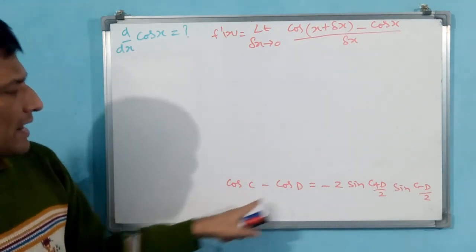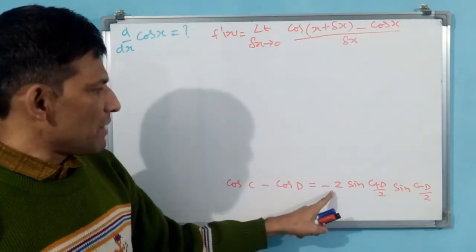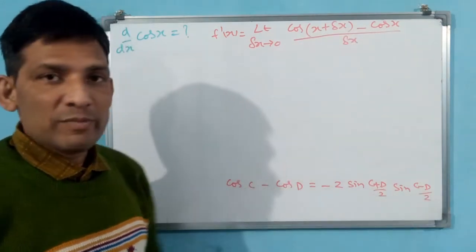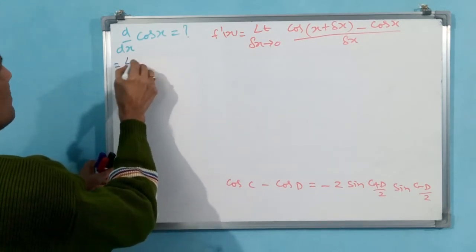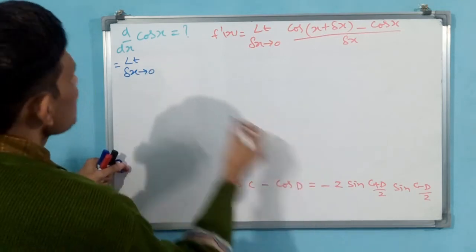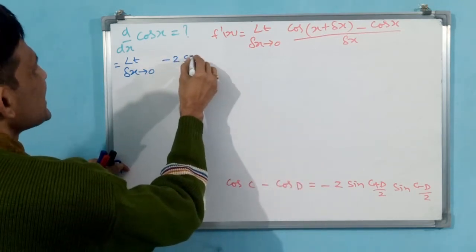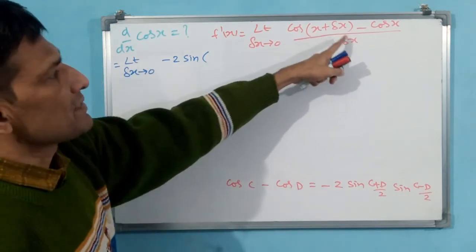Let me write according to this formula: cos C minus cos D is minus 2 sin C plus D by 2 sin C minus D by 2. That you have to replace. That is equal to limit delta x tends to 0 of minus 2 sin C plus D by 2. Shall I write directly x plus delta x by 2?